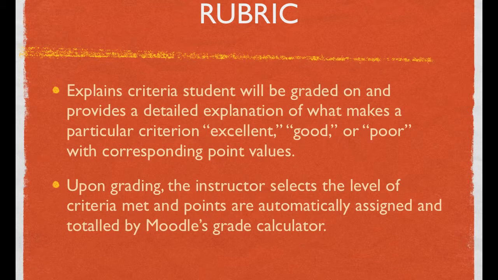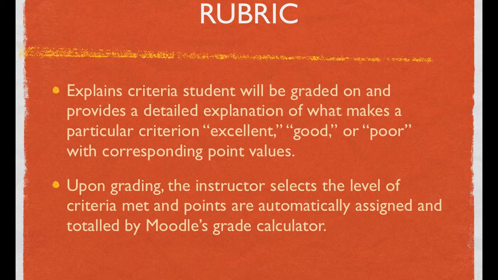The rubric explains the individual criteria that the students will be graded upon, with detailed explanations of what makes a particular criterion excellent, good, poor, etc., and the point values for each, and you saw that in the example there. When grading it, the instructor selects the level of criteria the student met, and then points are automatically assigned and totaled. And Moodle has this great grade calculator that helps you with that.